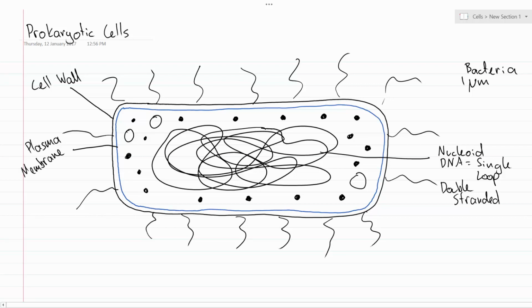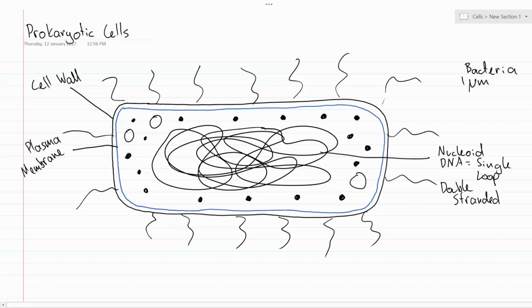The plasma membrane of a prokaryotic cell is to do with cell regulation, what comes in and what goes out. And it's also heavily folded, which provides surfaces for things like respiration to take place, DNA replication to take place, attached to the plasma membrane, and also photosynthesis in some particular prokaryotic cells, which can photosynthesize.